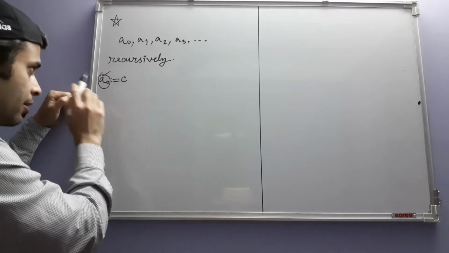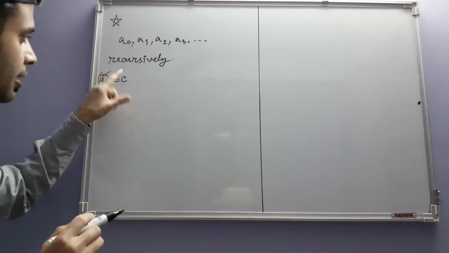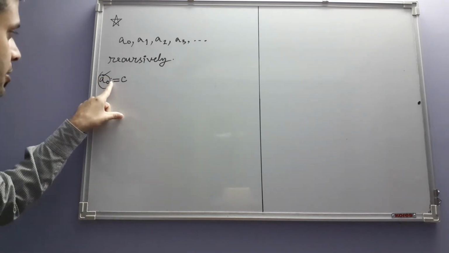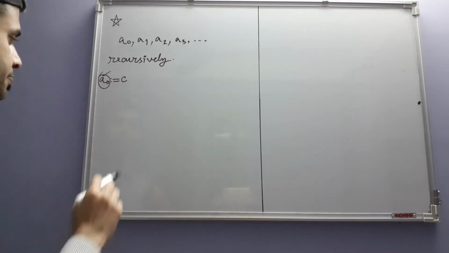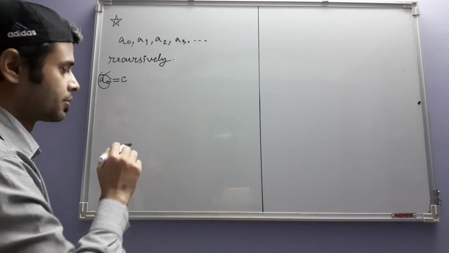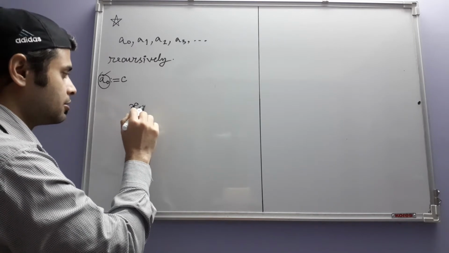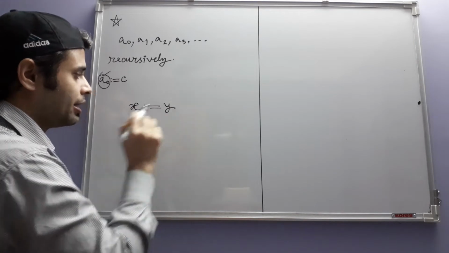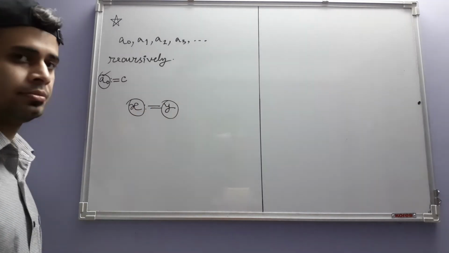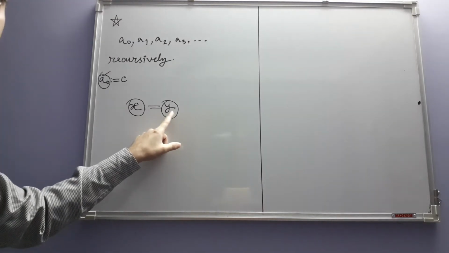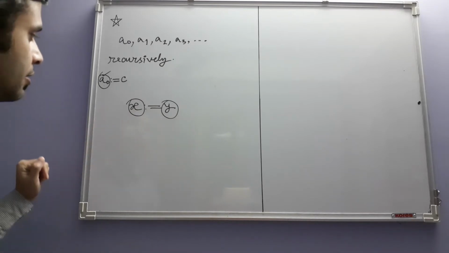So A0 by definition is equal to C. The meaning of A0 is C. So when you see these dots, it means something is being defined. For example, if I write something like x := y, it means x is defined to be y. Y is something that is already known to us, and x is something that we are defining.